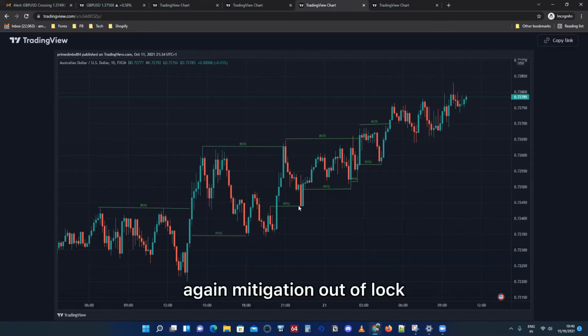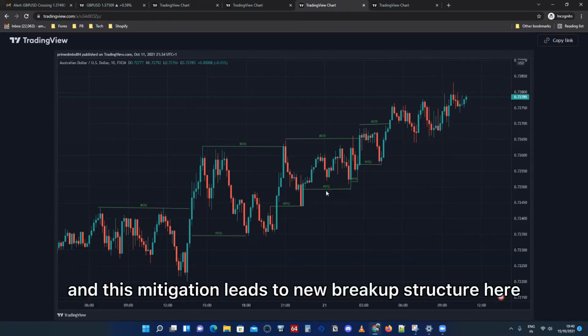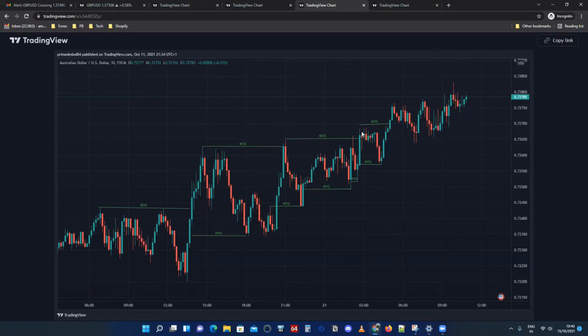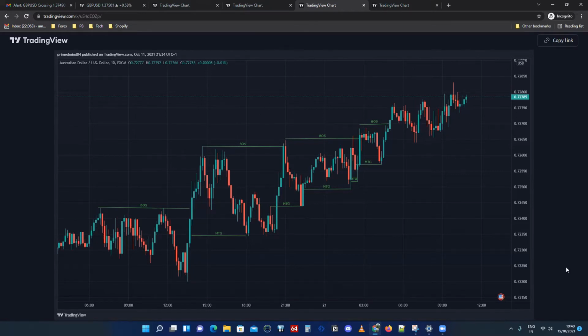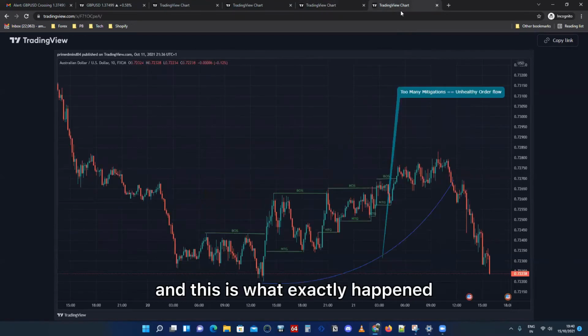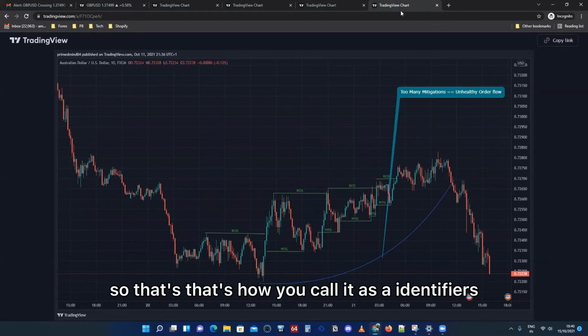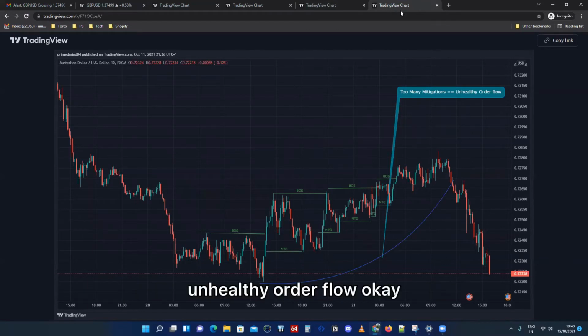Again it mitigates the order block, and this mitigation leads to a new break of structure here. So it's too much mitigation. What's going to happen? It has already built up liquidity over here. It looks like a pullback to go down rather than up, and this is exactly what happened. That's how you identify an unhealthy order flow.